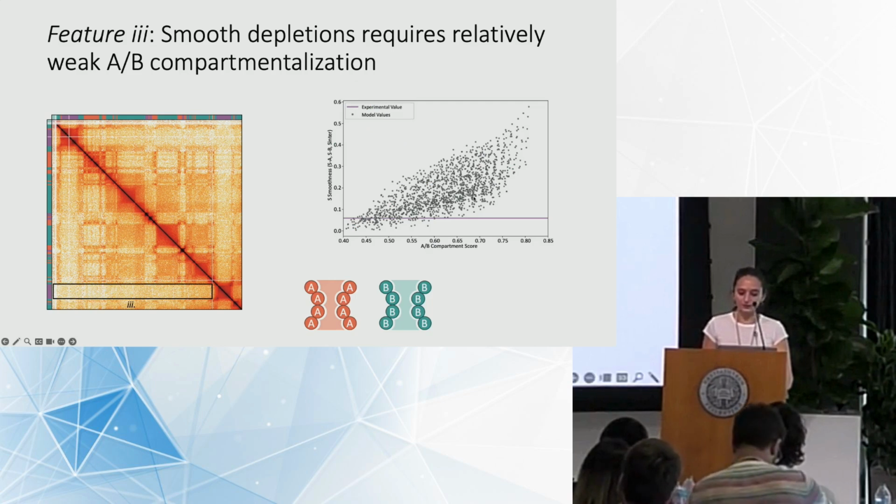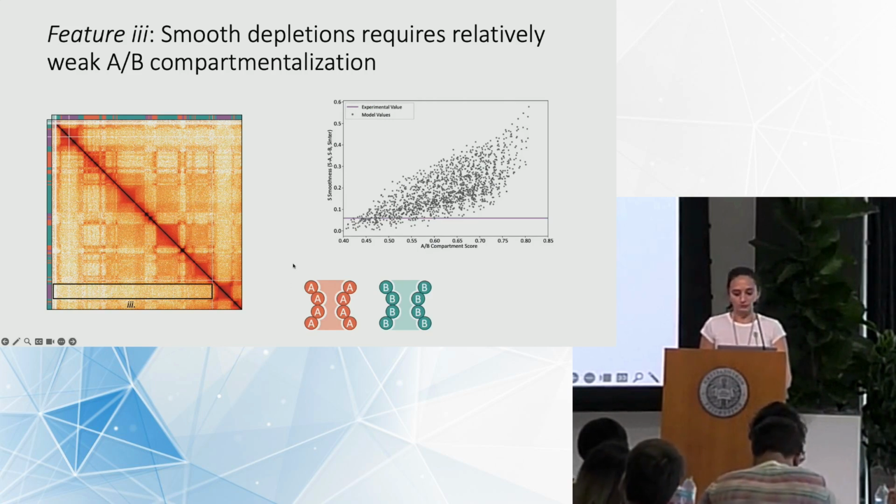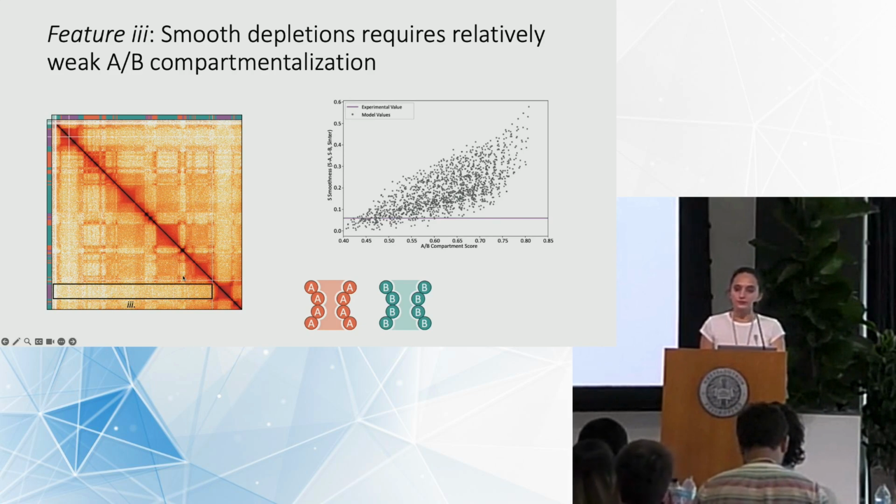Finally, we find that the overall smoothness depends on the overall degree of AB compartment strength, requiring relatively low AB compartmentalization in order to generate such smooth maps. So from each of these features, we understand a different set of parameter space in which the Bombyx mori genome might be operating.